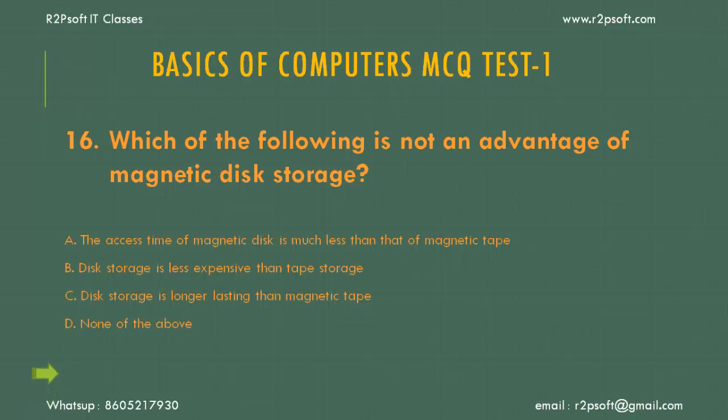B. Disk storage is less expensive than tape storage. C. Disk storage is longer lasting than magnetic tape. D. None of the above. Here answer is D. None of the above.